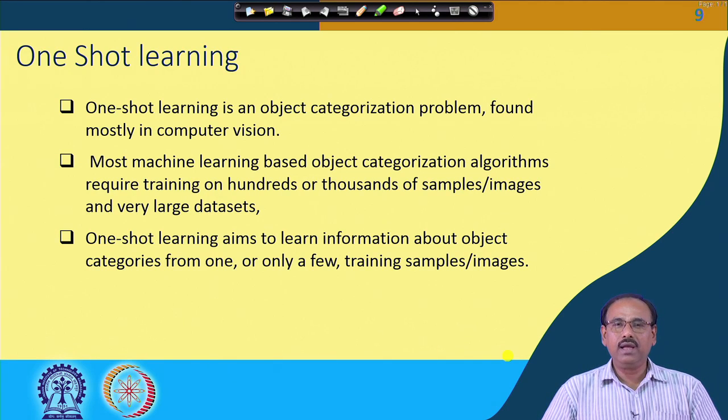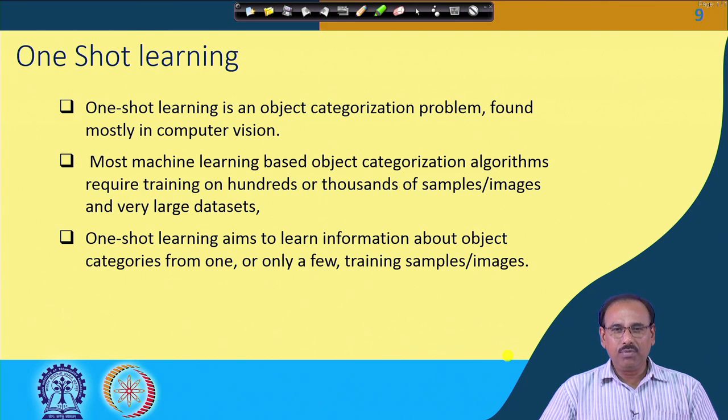One-shot learning is a categorization problem which is found mostly in computer vision applications. As we have seen before, while training deep neural networks or machine learning algorithms, deep learning algorithms are data hungry. That means you need millions and millions of data for training the neural network.